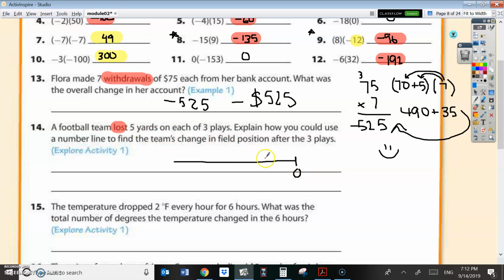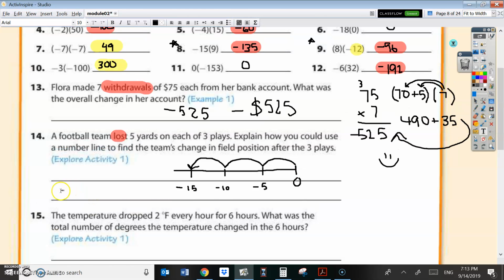You lost 5, so you're going 5, 10, 15. Here's negative 5, negative 10, and negative 15. So go 5, 10, 15. And then lost 15 yards.